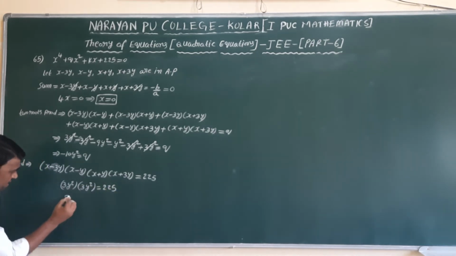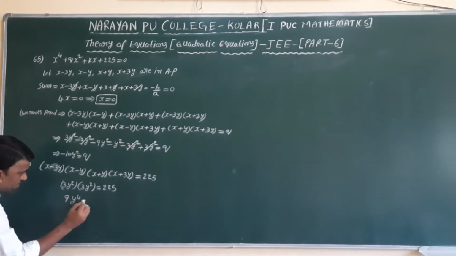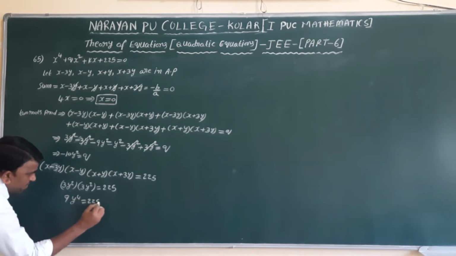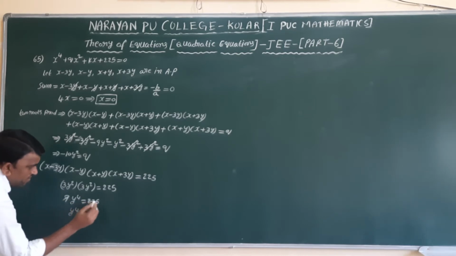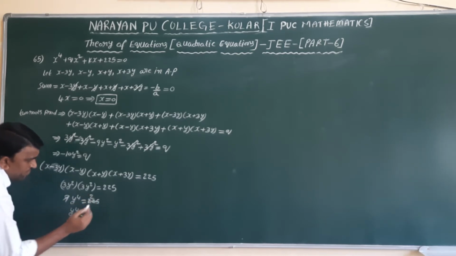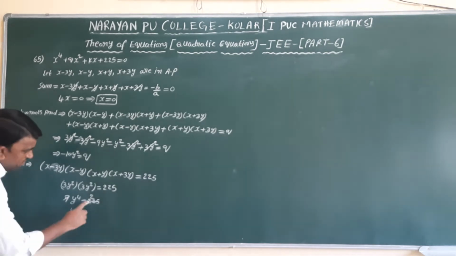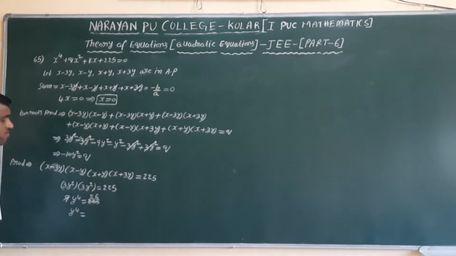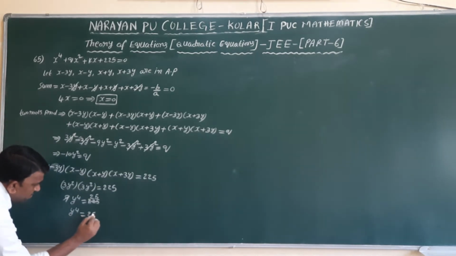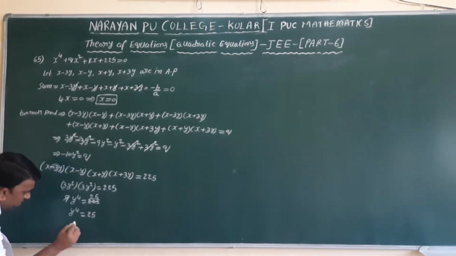So 3 into 3, 9y power 4 equal to 225. So y power 4 equal to 225 divided by 9, which is 25. So y power 4 is 25, y square is 5.